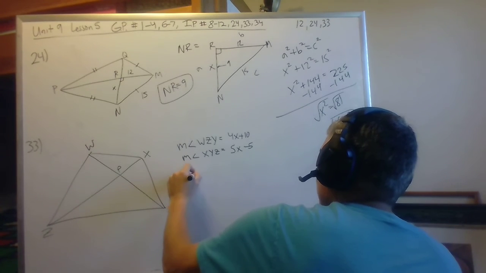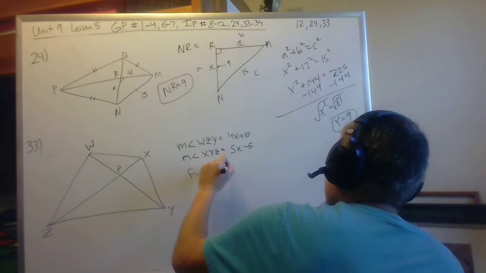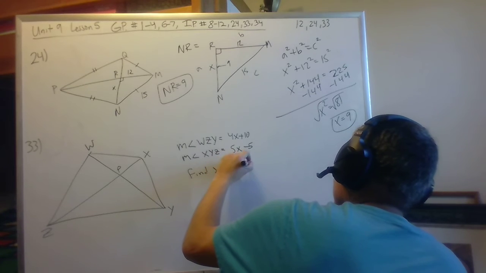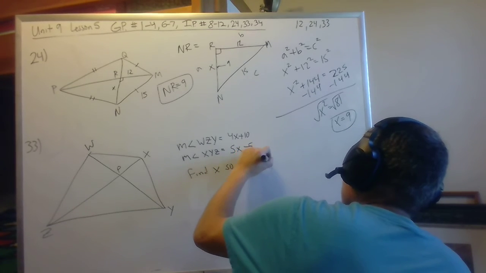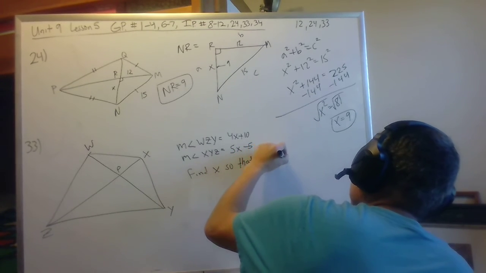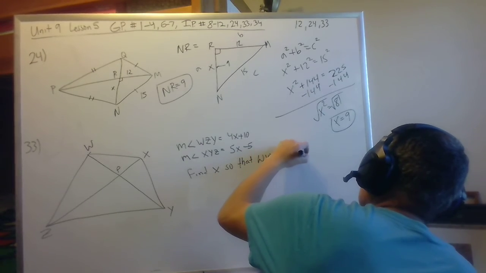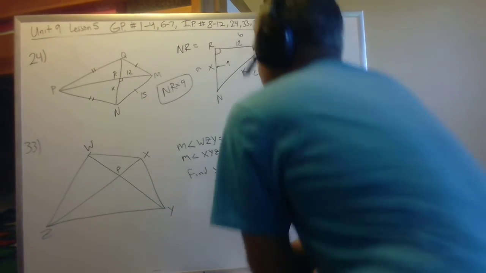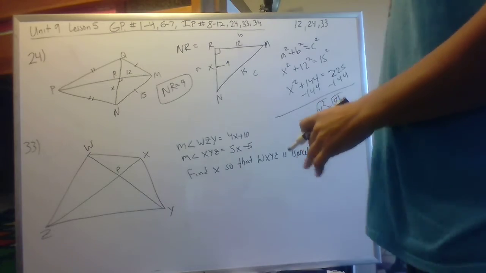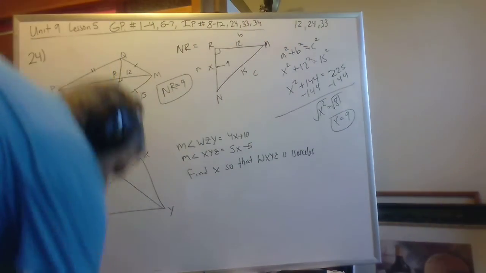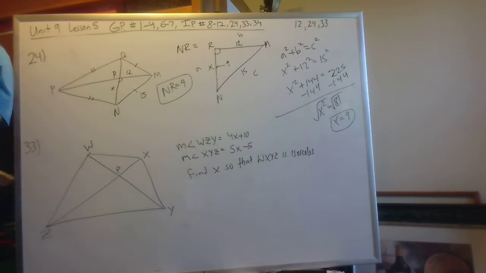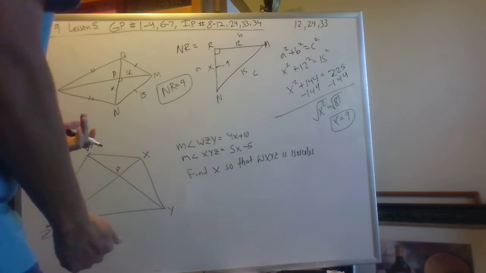So we want to find x so that WXYZ is isosceles. So we are going to first label what is known. Once we do that, then we can begin the problem.